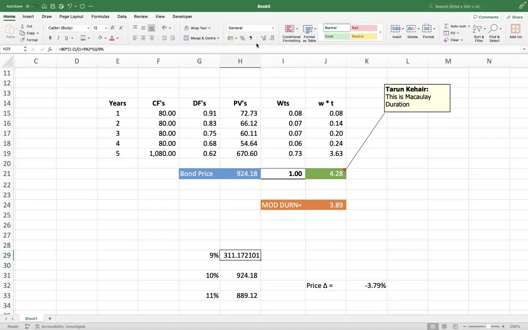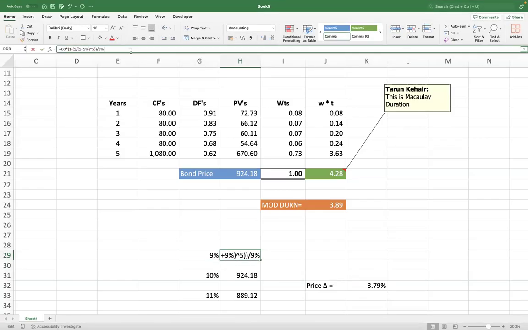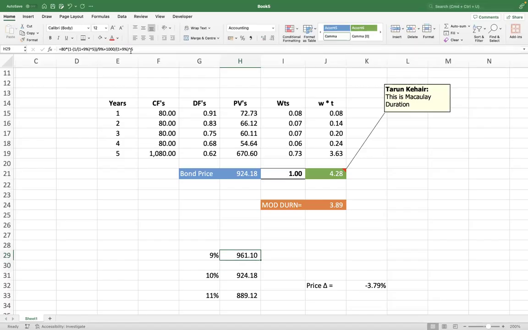This is the present value of the coupon stream, which is an annuity, plus the present value of the maturity value, which is 1000 by 1 plus 9% to the power of 5, which comes to 961.10. So it's a much faster way of doing it, isn't it? So you can find out the price delta here also.